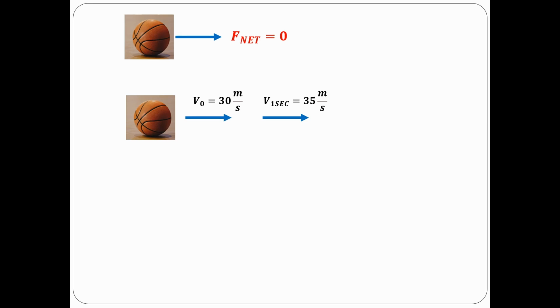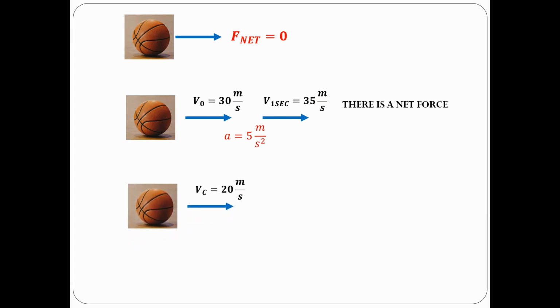Because anytime an object is accelerating, or anytime the speed is changing, there is a net force. Now if the speed of the ball is changing by 5 meters per second every second, it means that the acceleration is 5 meters per second squared. Acceleration is the change in velocity that occurs every second.